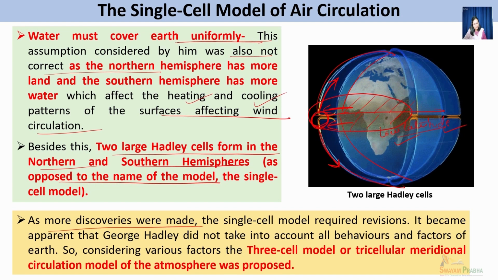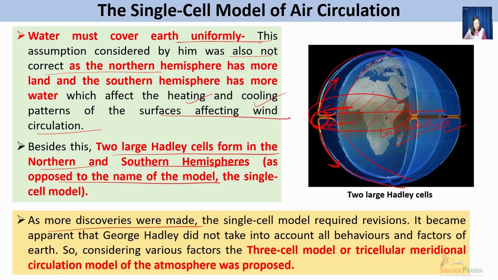As more discoveries were made, the single cell model required revision, since George Hadley did not take into account all the behavior and all the factors on Earth that may impact the circulation of air in the atmosphere.